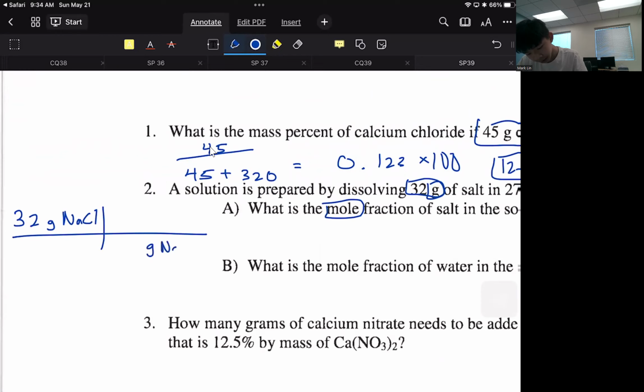The molar mass of NaCl is 58.45, and that gives us 0.55 moles of NaCl.